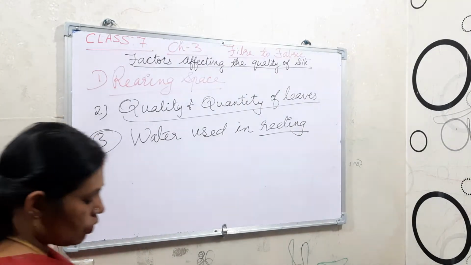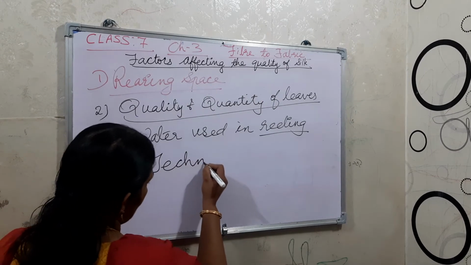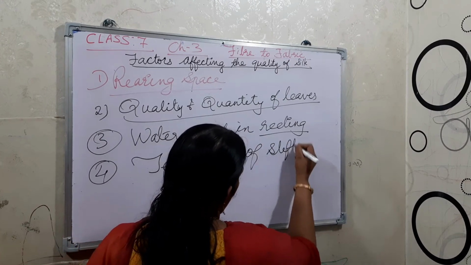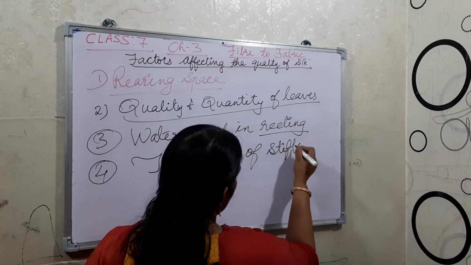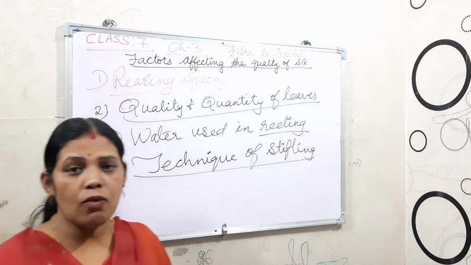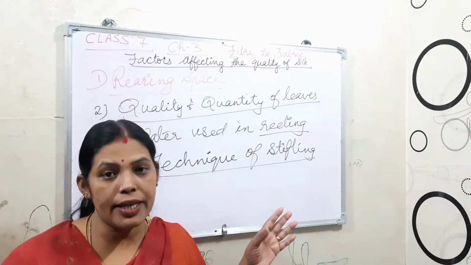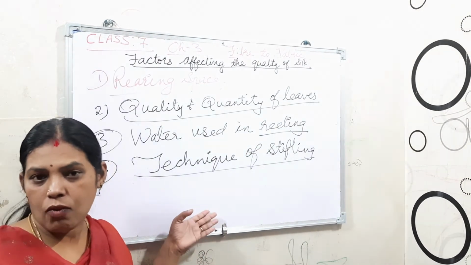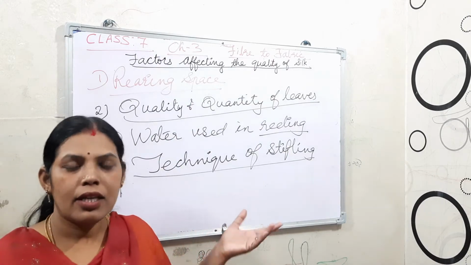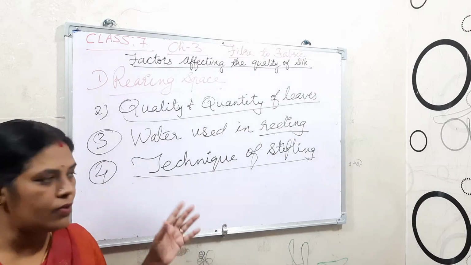And the fourth one is the technique of stifling. In stifling, they boil the water, as already told, at about 95 to 97 degrees Celsius, for only 10 to 15 minutes. If the temperature is too high, the proper quality silk will not be obtained.